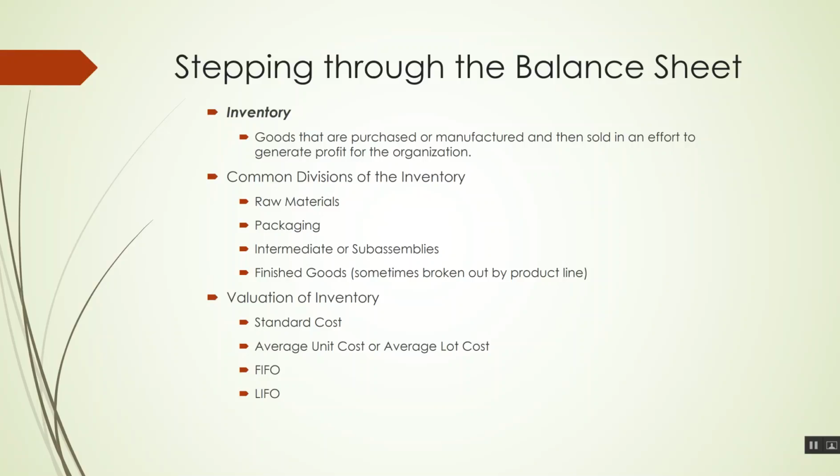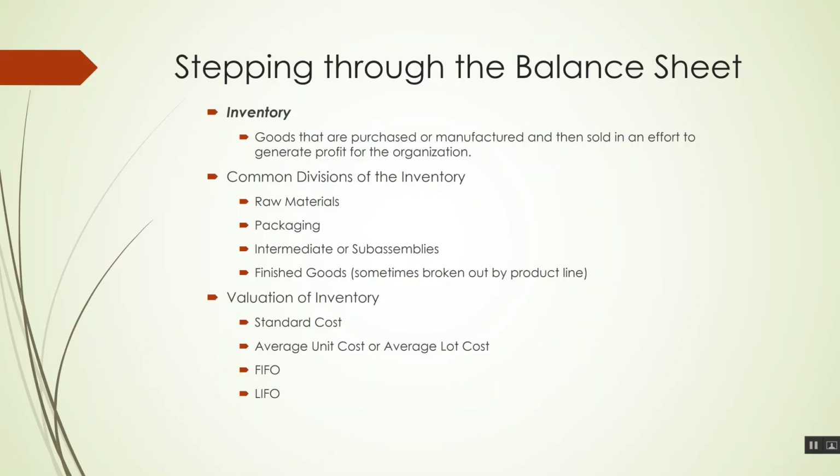Then as you issue that product out of your system, whether it be consumption of that product on a work order, in the context of a raw material, or the shipment of that product to a customer in the context of a finished good, when that inventory gets decremented out of the system, your computer system will take a look at what your oldest tier is, in the context of FIFO, and issue it out at that cost. For LIFO, it goes to the bottom of the cost stack and issues it out at the most current price.